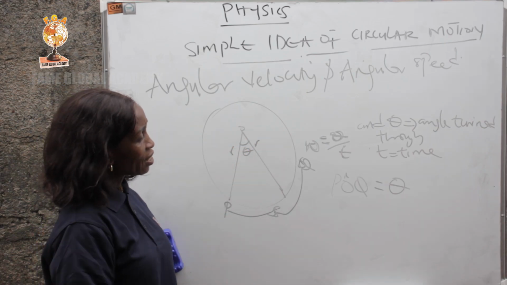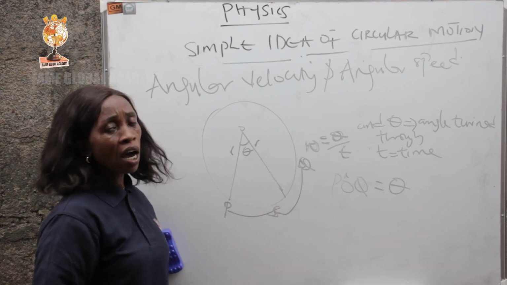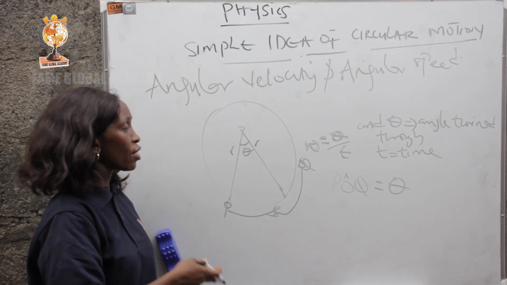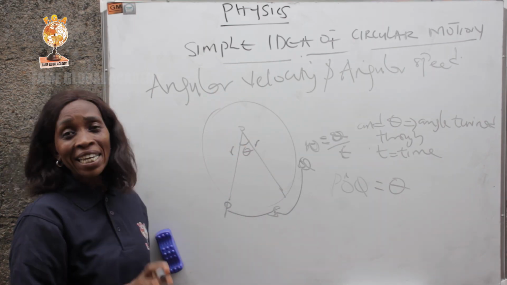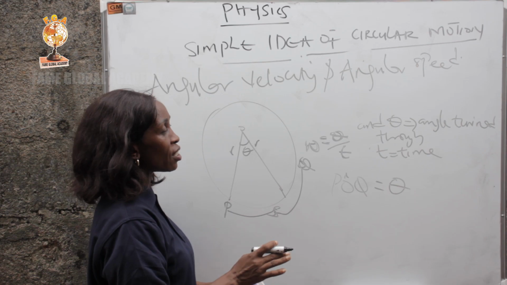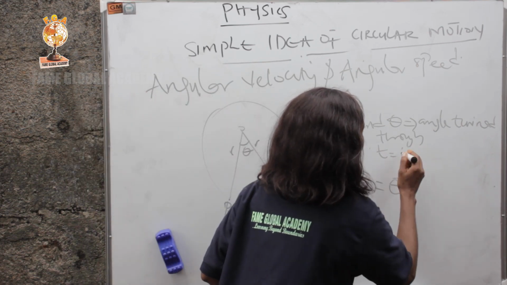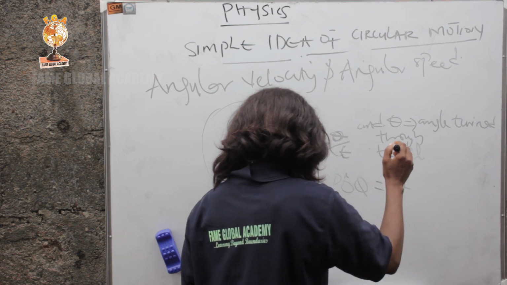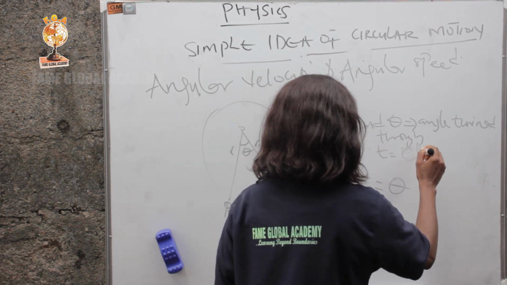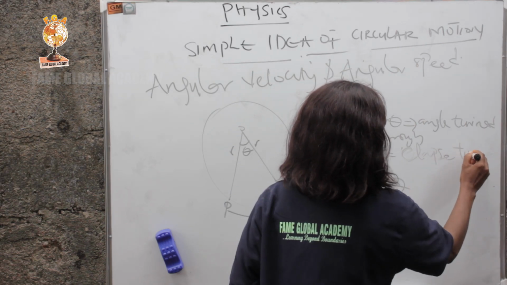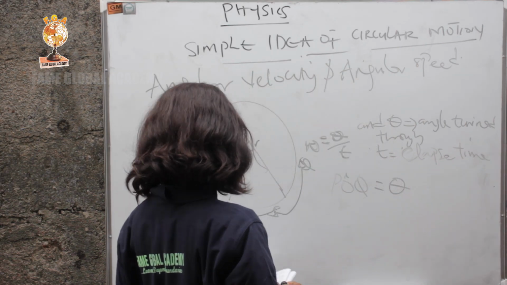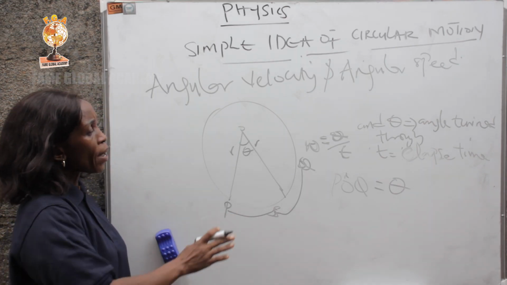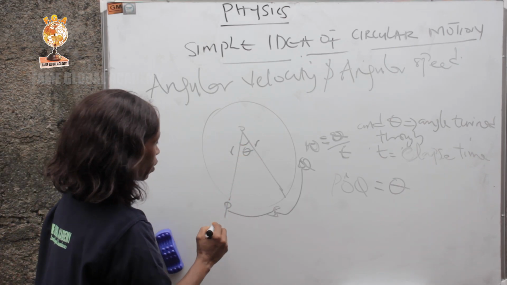And we said that angular velocity is equal to theta over time, where theta is the angle turned through at an elapsed time. So T is equally an elapsed time.